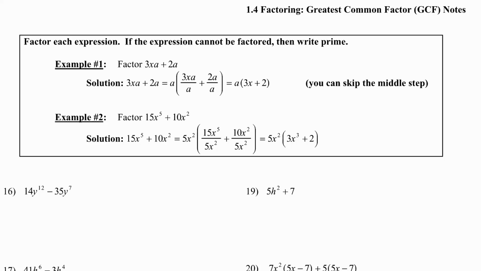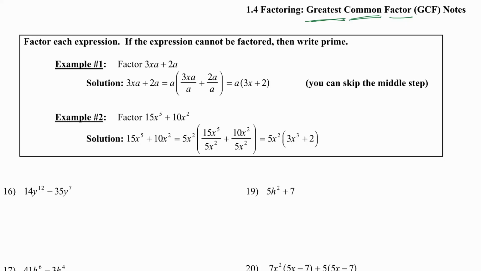That's what it means to be a factor. Common means it has to be the same in all of the terms. The adjective there, common, just says that the factors have to be the same for every single term. And the greatest just refers to the fact that we want to find the greatest number that divides into every single term.